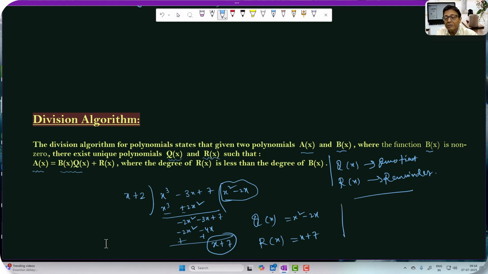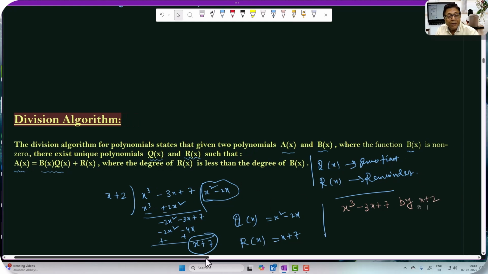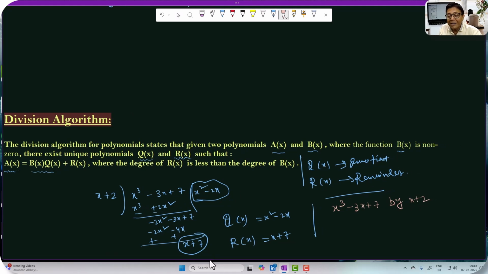So quotient q(x) is x^2 minus 2x, remainder is x plus 7, and finally you have divided this polynomial, that x^3 minus 3x plus 7, by what? By x plus 2. So everyone can write it now in this form, that x^3 minus 3x plus 7.